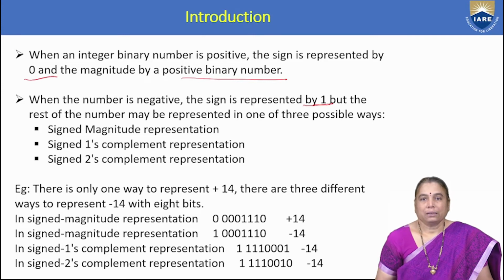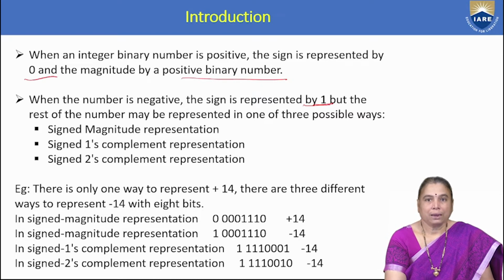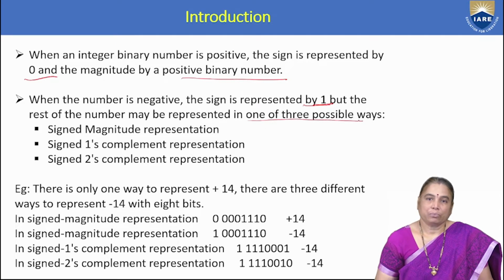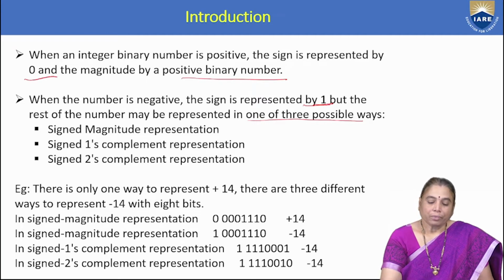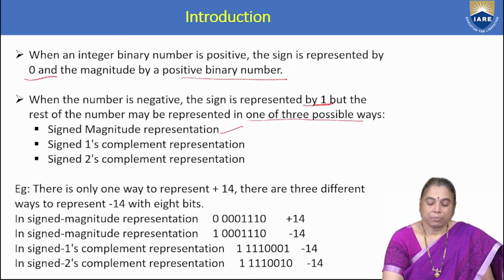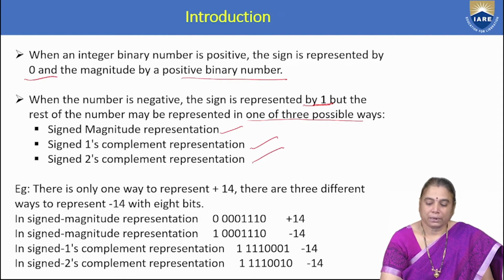But the magnitude, the rest of the number, can be represented in any one of 3 possible ways: signed magnitude representation, signed ones complement representation, and signed twos complement representation.